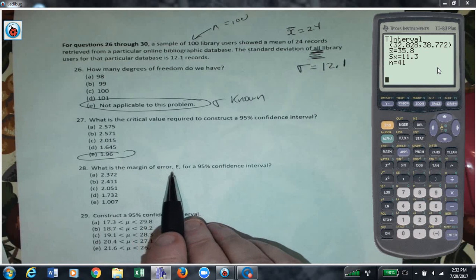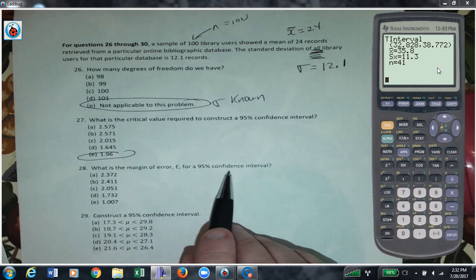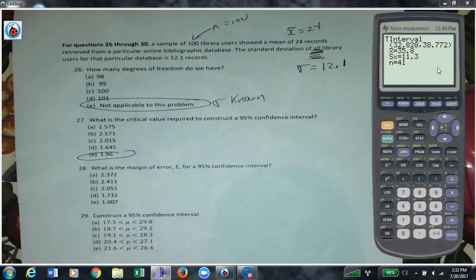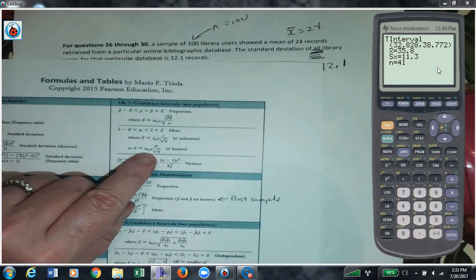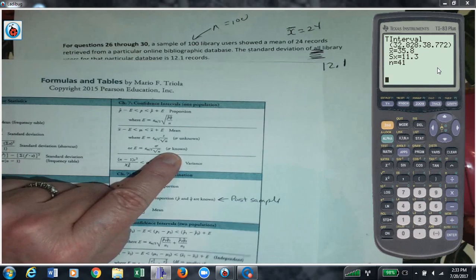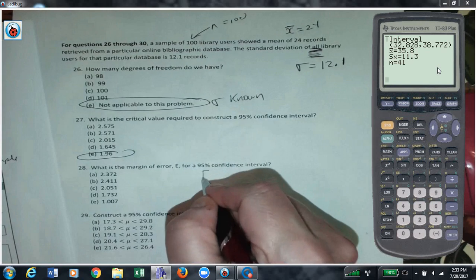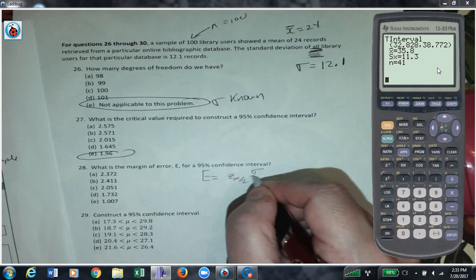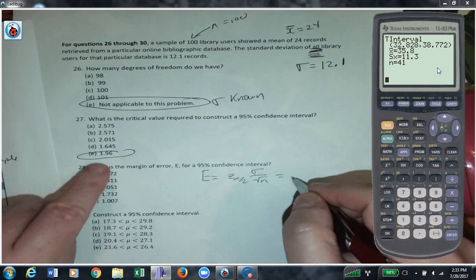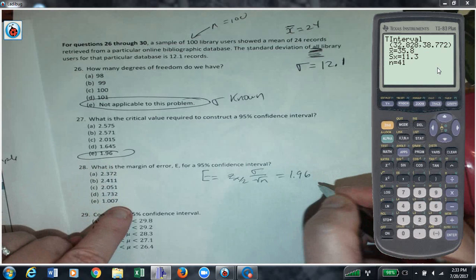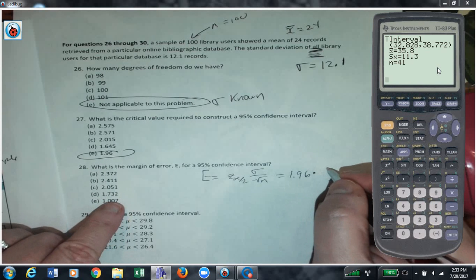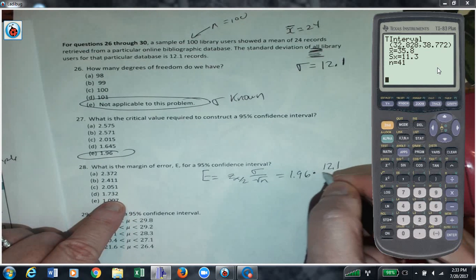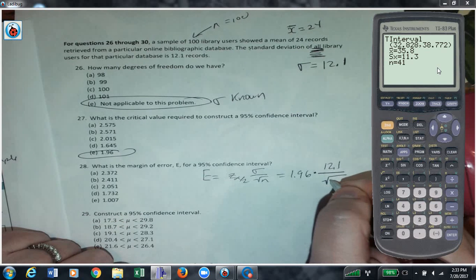What's the margin of error for a 95% confidence interval? Sigma is known, so straight from the formula sheet, we get 1.96 times sigma all over the square root of n.